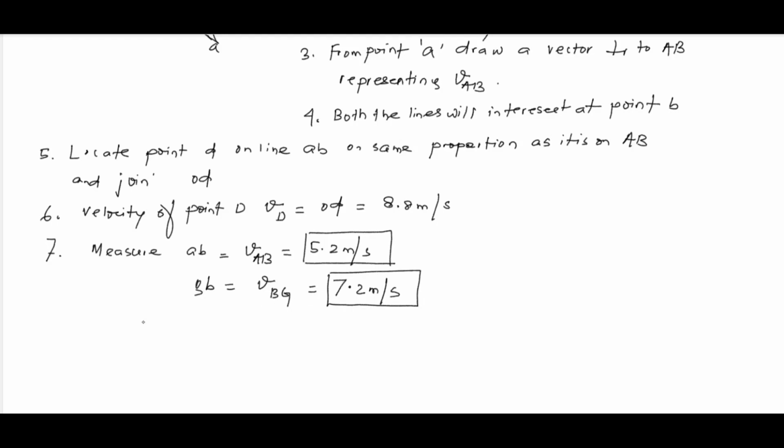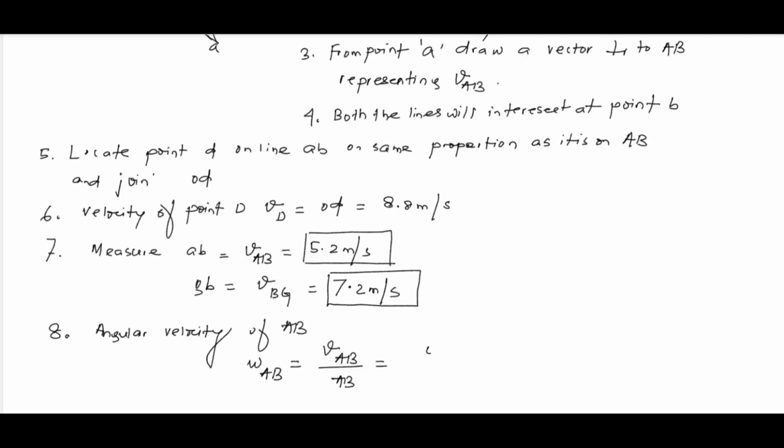Now the angular velocity of AB, we can find using this relation: omega AB is equal to VAB by AB.